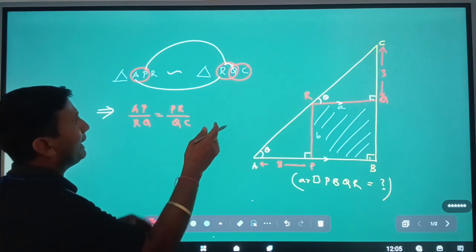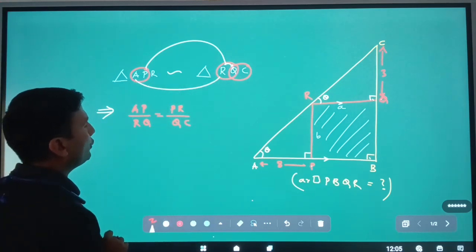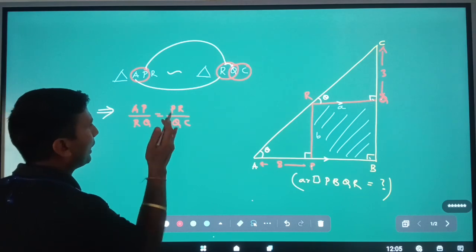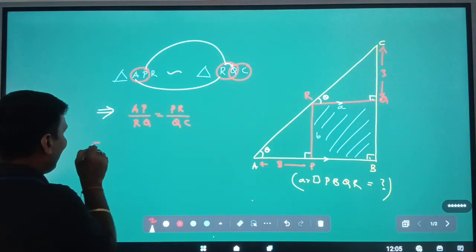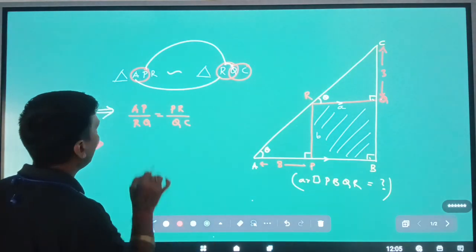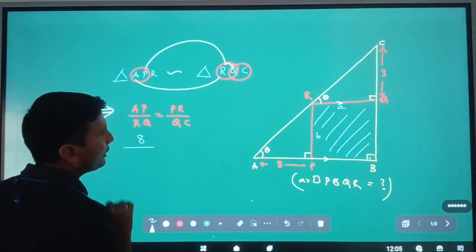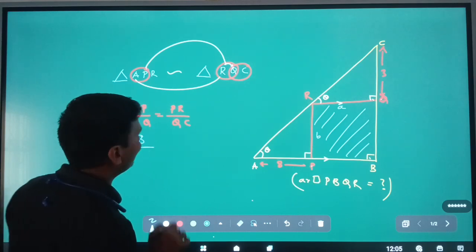There is no need of taking RC and AR. So AP upon RQ can be written as equal to PR upon QC. Now put the values. If we put the values of these things, AP is what? That is 8, and RQ is a.